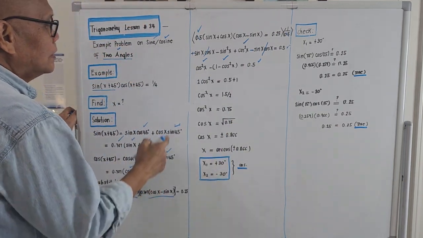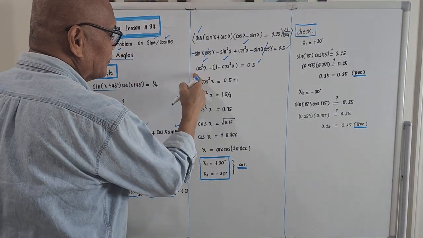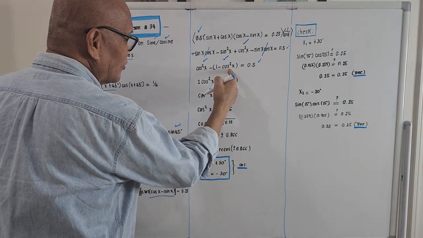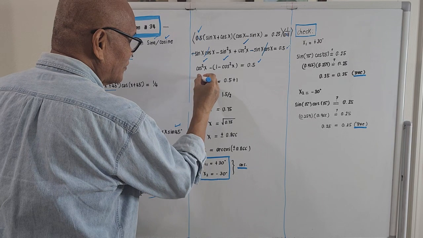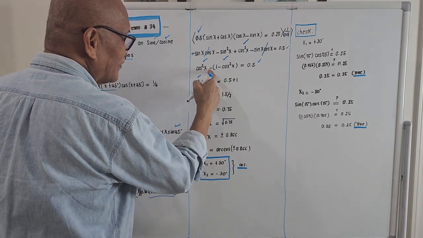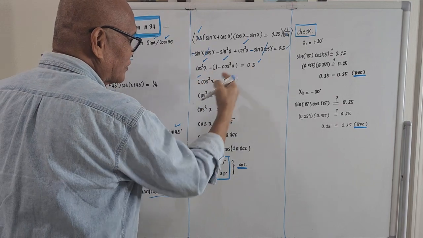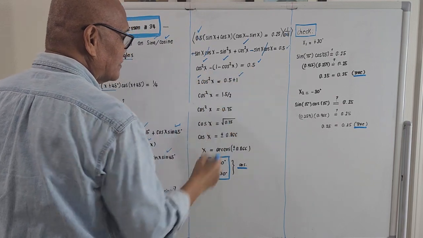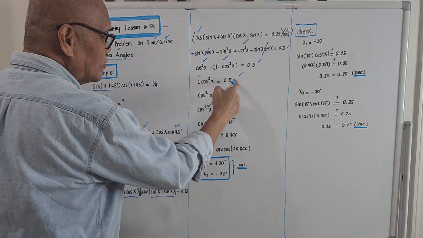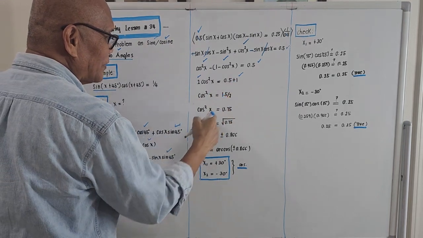Expanding, cosine square, okay, this is a minus and a minus, it's also a cosine square, so that will now be 2. A minus 1 times a plus 1 will be a minus 1. We put it on the right, so this is now a plus 1. Therefore, cosine square of x now, 1 plus 0.5 will be 1.5.